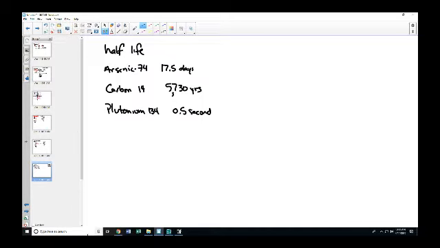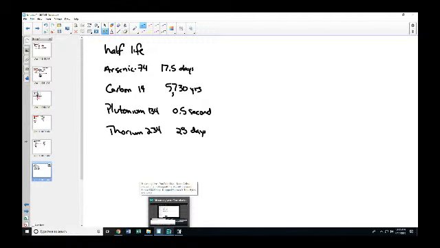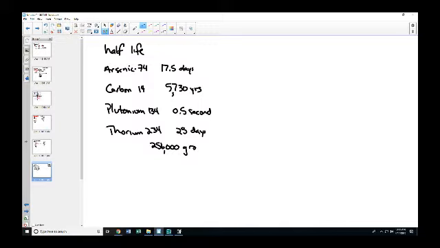So let's see what we got. And then there's others. Here's one that we can do an example on. Thorium-234: 25 days. Again, you can actually measure that. Okay. So let's say we have 256,000 grams of thorium-234.